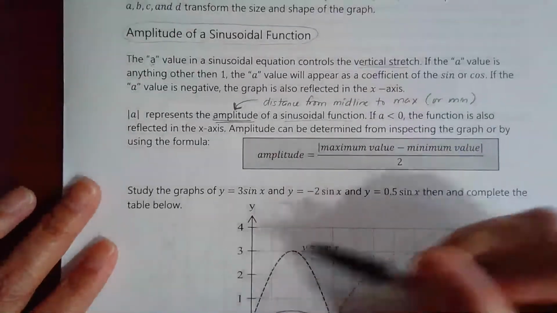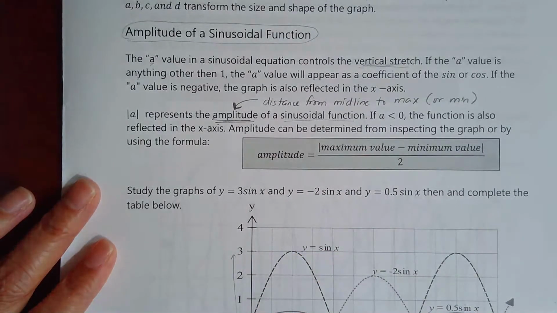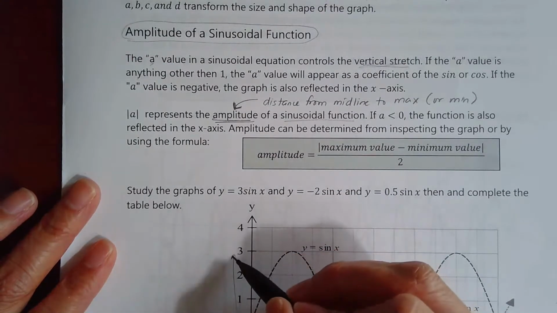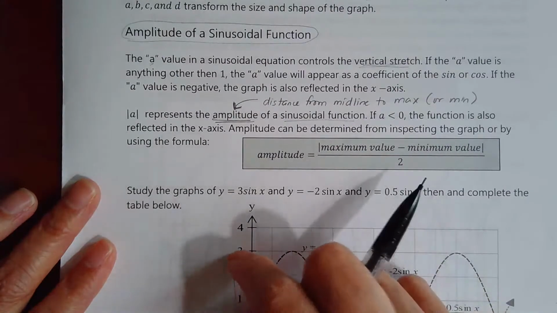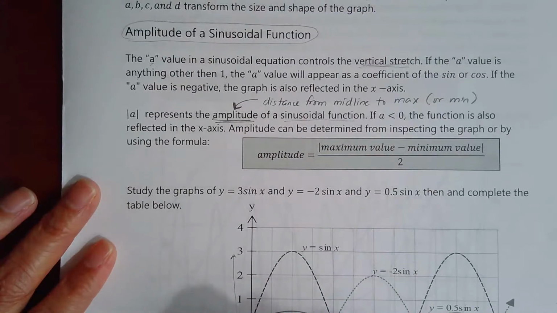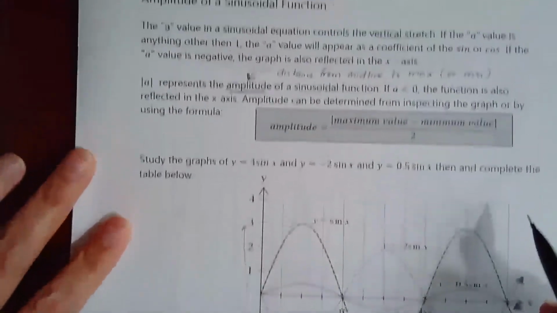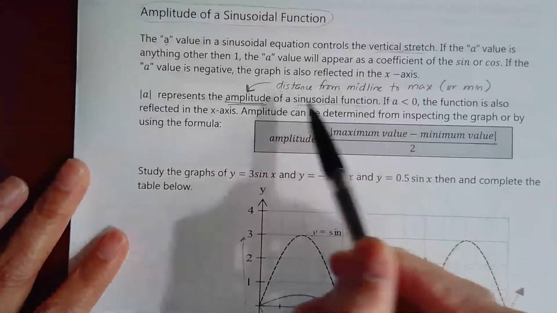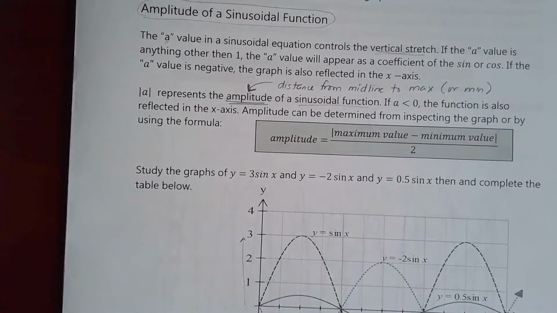So amplitude talks about here to here. If this is the middle line, from the middle line to the maximum, how far are they? Or from the middle line to the minimum, how far is it? So the a value will also determine the amplitude.